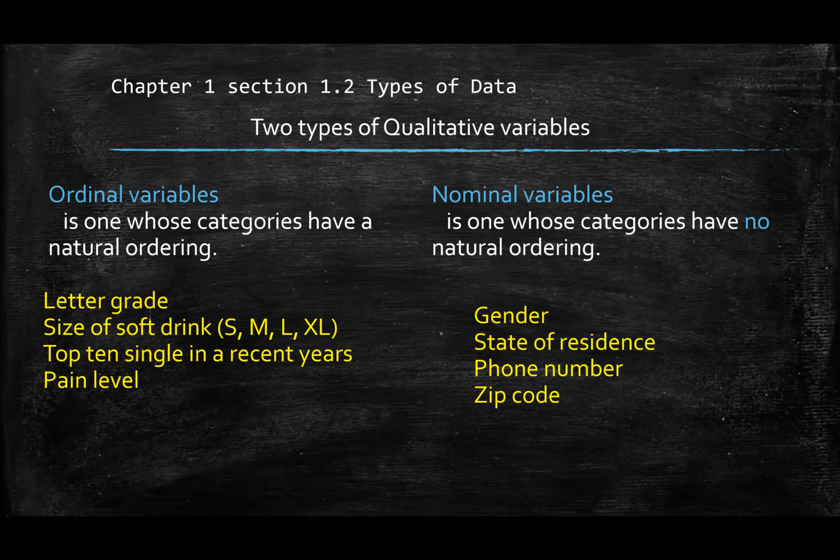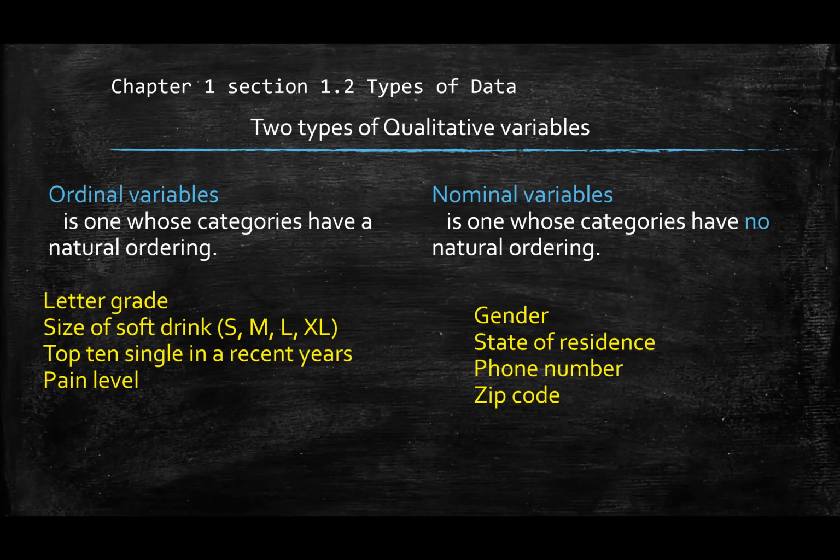Phone number. The reason I put phone number and zip code here is that nominal data is not always just letters. It can be numbers that you cannot put in order. Zip codes have some order, but the zip code itself does not show anything important. A New Orleans zip code and a Baton Rouge zip code do not show any importance in terms of ranking.